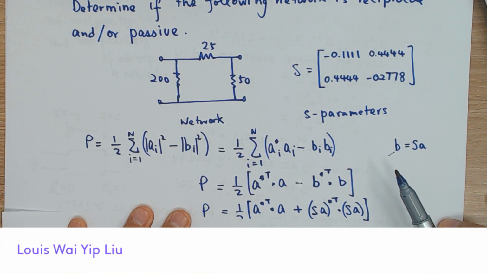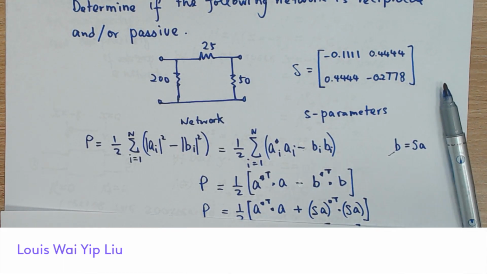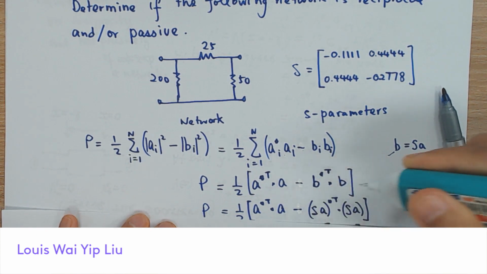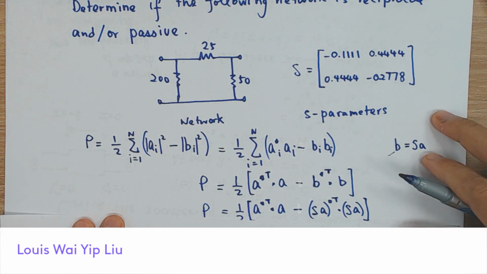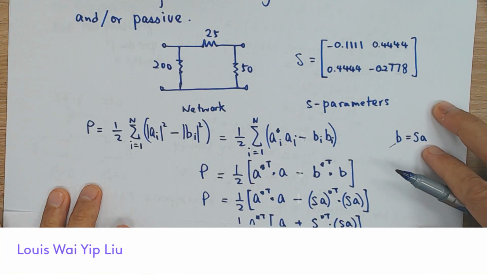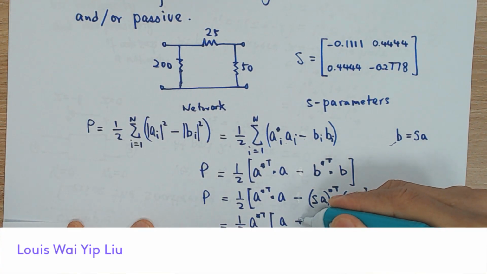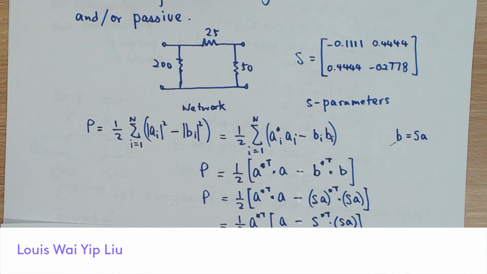The final step is to simplify it. Sorry, I need to correct this sign. We continue with this process and simplify this formula. And again, this should be minus. This is a typo, bad handwriting.